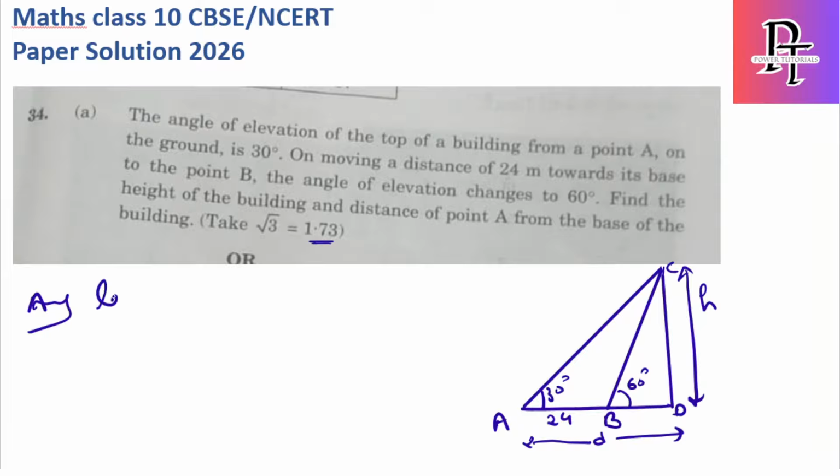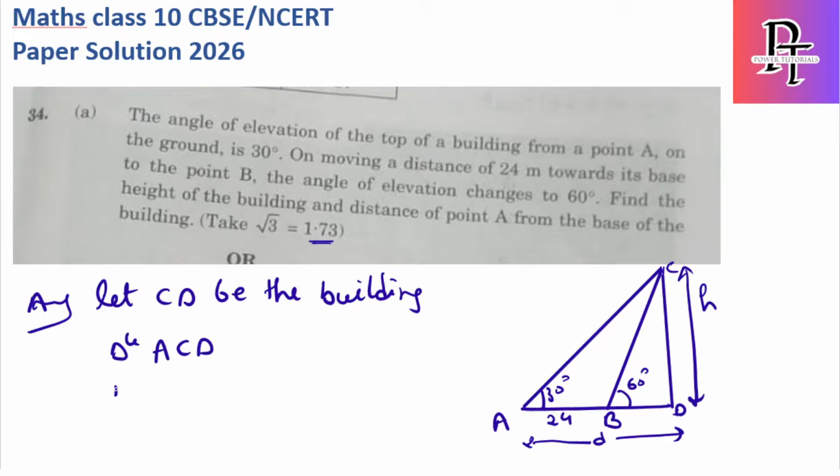Let CD be the building. If you consider triangle ACD, tan 30 is opposite by adjacent. Opposite is h, adjacent is, let me write this value as x, so now it becomes x plus 24.